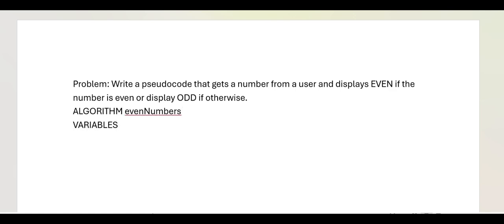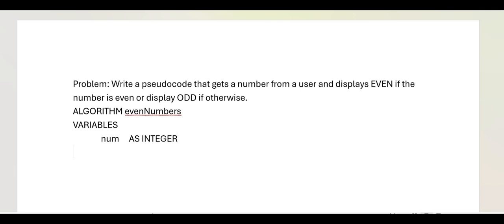Now, similar to before, we only require to get one number from the user. So we only require one variable to store that number entered by the user. So I'm going to name this variable num, and this number will be storing an integer, right? So we say num as integer.